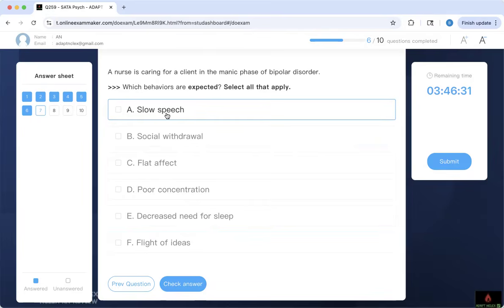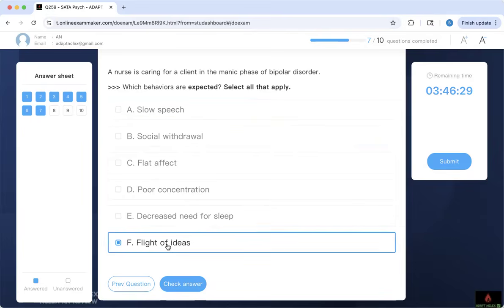If your speech is not going to be slow, you're going to have flight of ideas. That's the opposite. So many things come into your brain and you're talking. Social withdrawal? No. A manic patient wants to be everywhere. Flat affect? No. They will be hyper. Poor concentration? They may have it, but that's not classic.